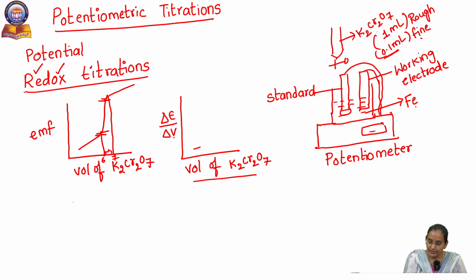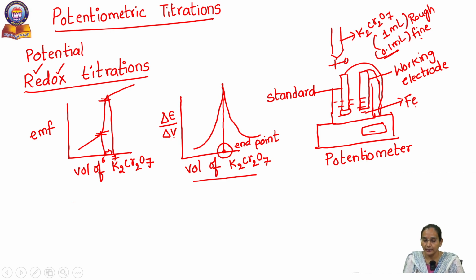Then we'll get a graph like this. Where the highest peak is obtained, it gives the endpoint. Like this, we calculate the endpoint using potentiometric titration without any indicator, just by using the potential.